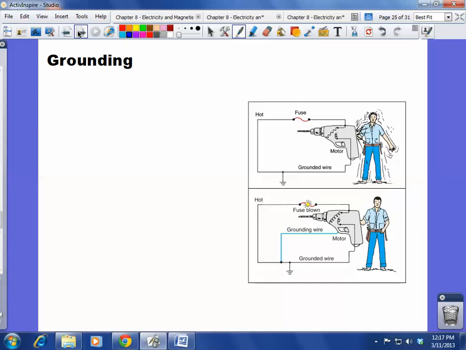Why not? Because that tree's taller, and so when that lightning strikes, it's more likely to hit that tree than the open ground. That's why big buildings have lightning rods on the top. They provide a path for that lightning to travel that isn't through the building.